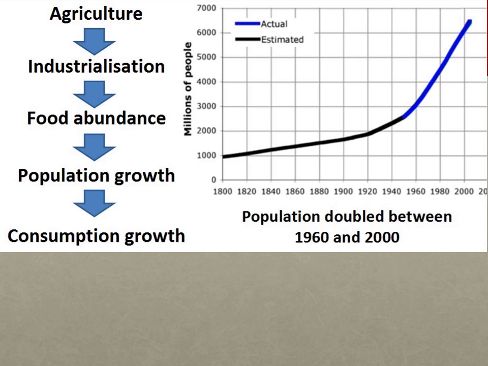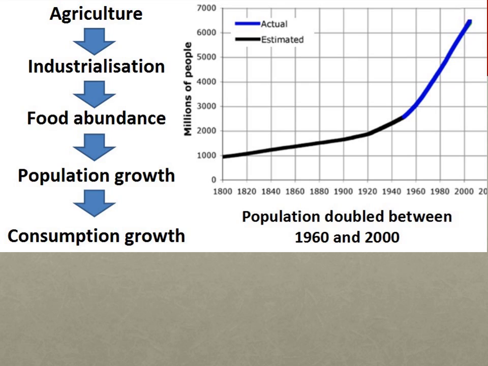The improvements in industrialization, along with improvements that applied to agriculture, led to an abundance of food. More food meant that the population could grow. In addition to that, we also know that there were improvements with medicine, so fewer people were dying, which led to population growth as well. When you have more people, you can consume more. And because of technology, you can produce more. And so it kind of feeds back to itself.